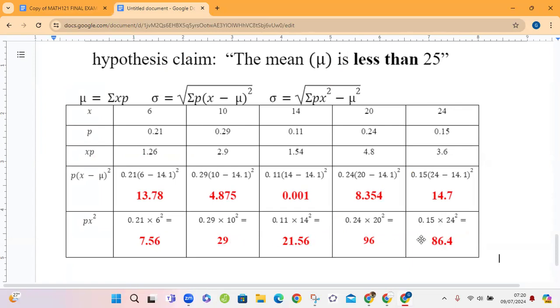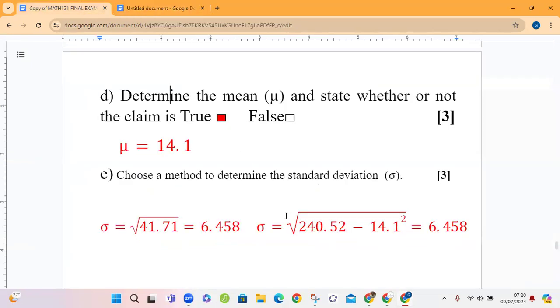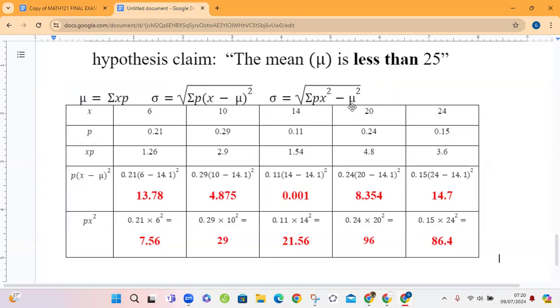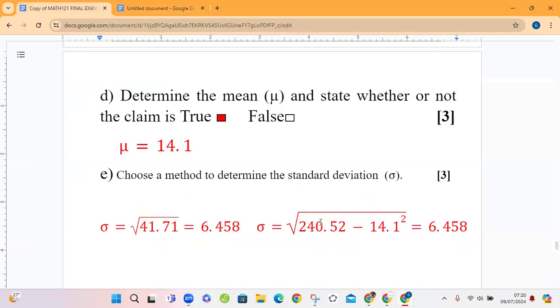These values will add it up to give us that value here, which happens to be 240.52 minus the mean squared. Here it is, minus mu squared. Mu is 14.1. And then when these were for 240.52 minus 14.1 all squared, when it was subtracted and then square rooted, we get a value of 6.458.